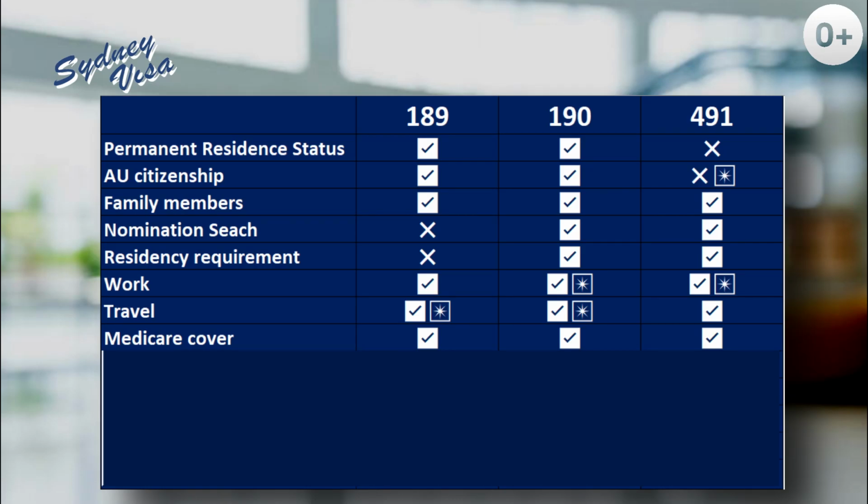I'm pleased to say that all 3 visas assume availability of Medicare insurance for all visa applicants. The previous regional visa, before November 2019, the 4891, which was replaced by the current one, did not include Medicare, which made it quite difficult for a lot of immigrants.